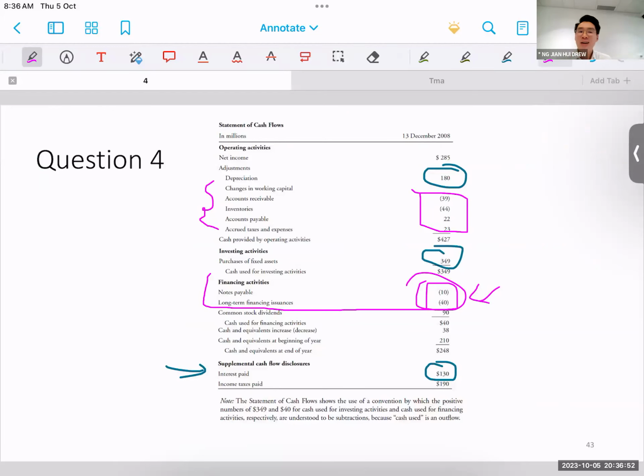Why is it not positive? You don't have to know it for finance, but in accounting, your cash flow statement is actually derived from your balance sheet, and there are some adjustments in terms of negative and positive. So for your financing activity, it's a negative. That's why there are brackets there. But it's not important, because for finance we just want the absolute number, and then we put it in the formula.